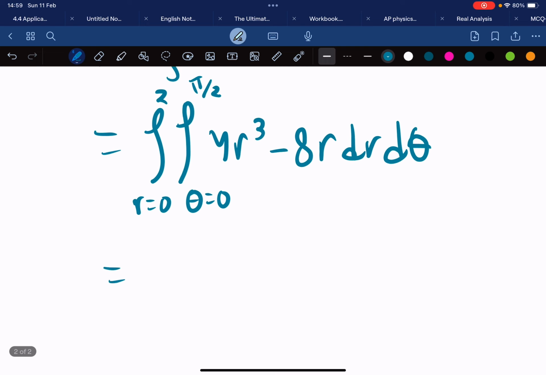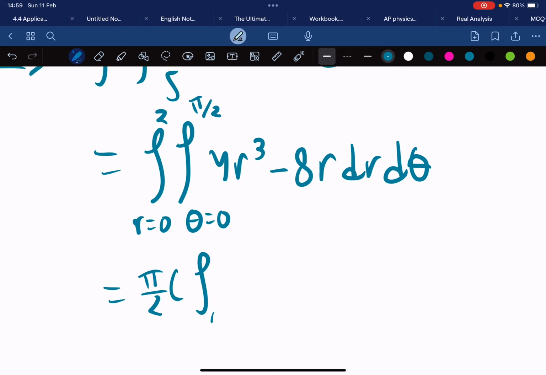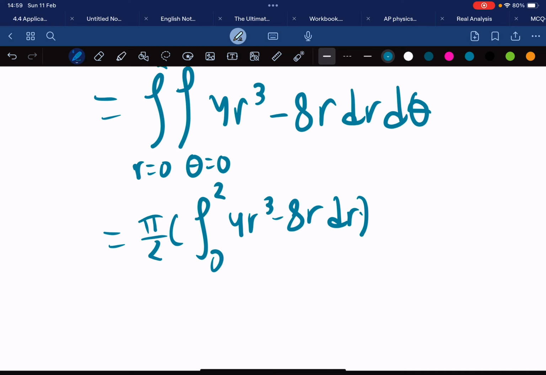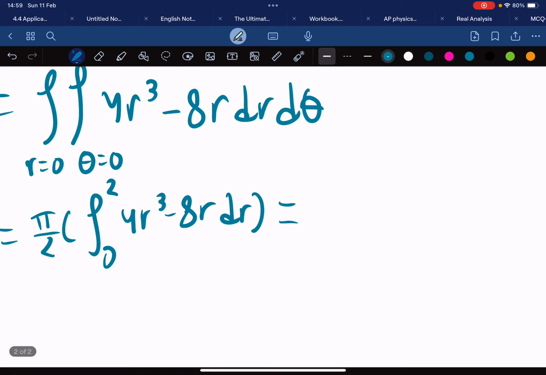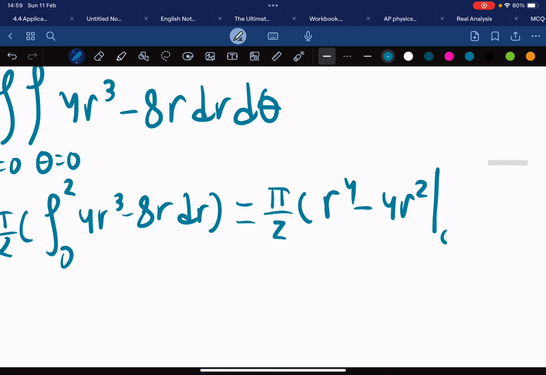And just computing this, this is going to be pi divided by 2 times the integral from 0 to 2 of 4r cubed minus 8r dr. And this equals pi over 2 times r to the 4 minus 4r squared evaluated from 0 to 2.